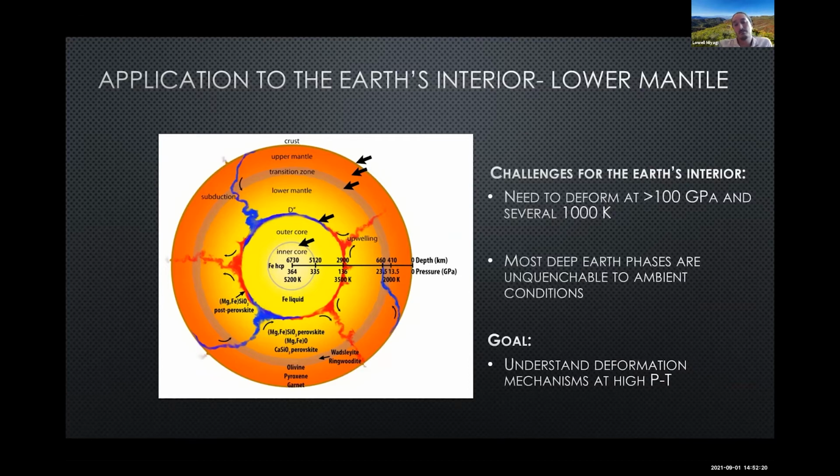So some are unquenchable, some are unstable, but this really necessitates the synchrotron and in situ studying of these materials in that fashion. So our goal here really is to understand the deformation mechanisms at high pressure and temperature in order to be able to understand how anisotropy develops in the Earth's interior.